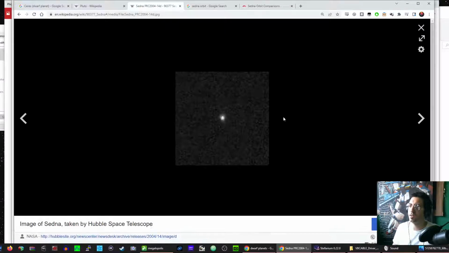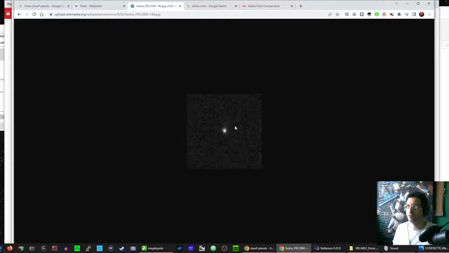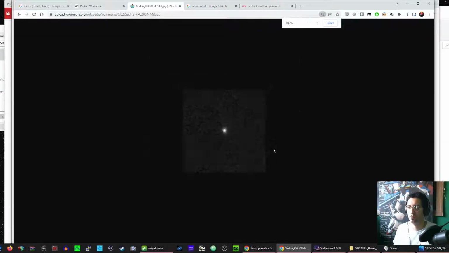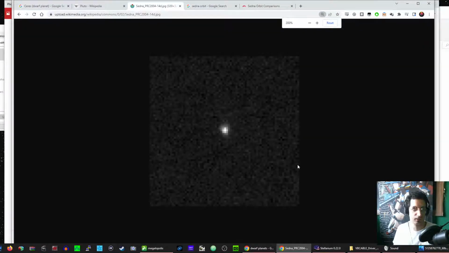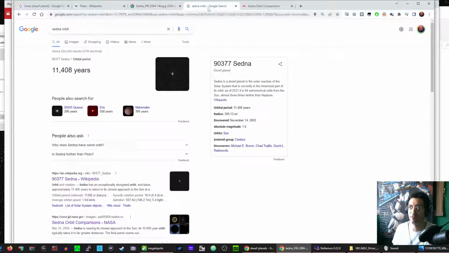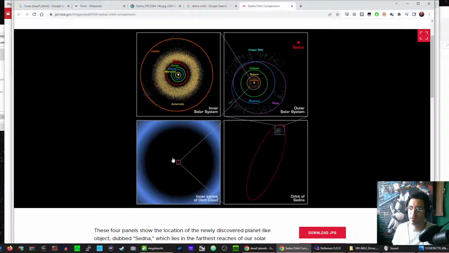And you know the planet is far away when the best picture you got of it looks like this. Even when you look at it zoomed out, it basically looks pixelated just like this. You know the object is freaking far away when it looks like this on a picture. And then this picture is showing the inner Oort cloud.